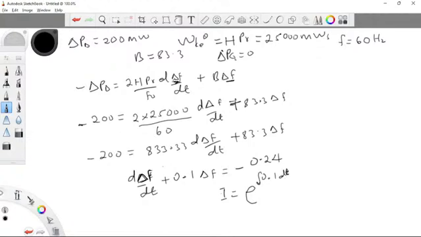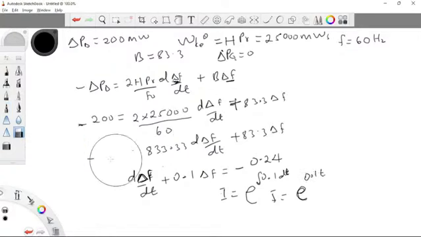So you solve this and then you get our change in F. Our integrating factor here will be e to the power 0.1 t.